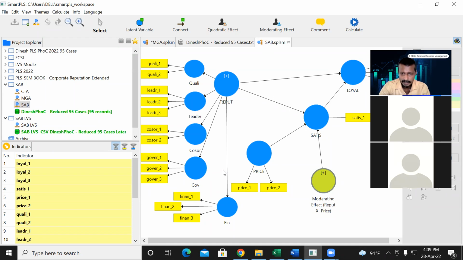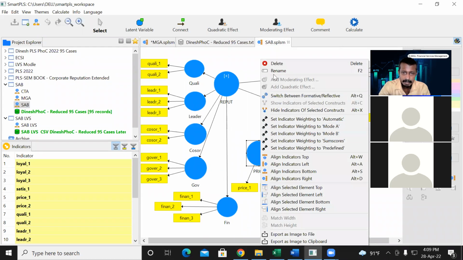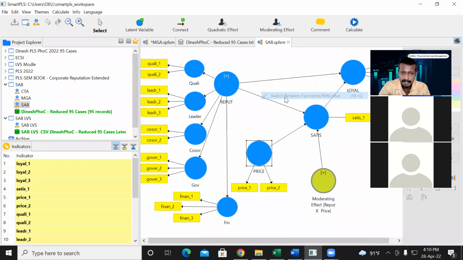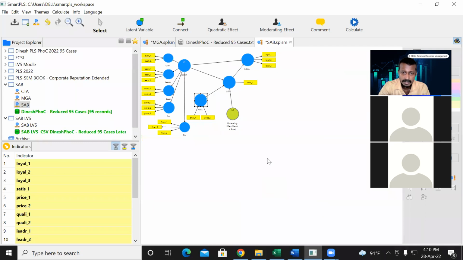Yes, we can see. Thank you. Now here, let's say price. Sometimes I might have measured, let's say from literature, I have known that these indicators are formative. Then you can see this.